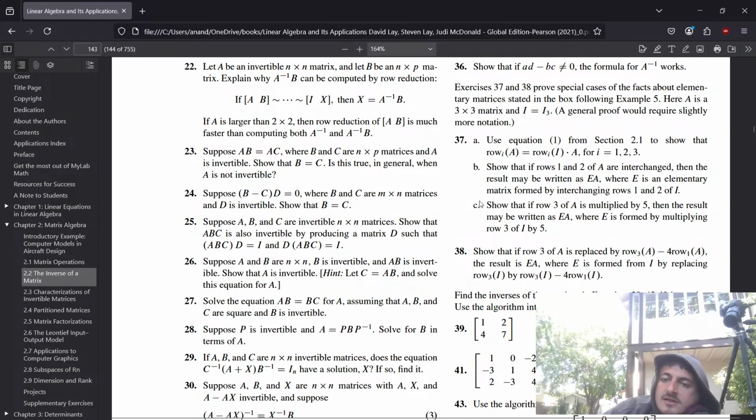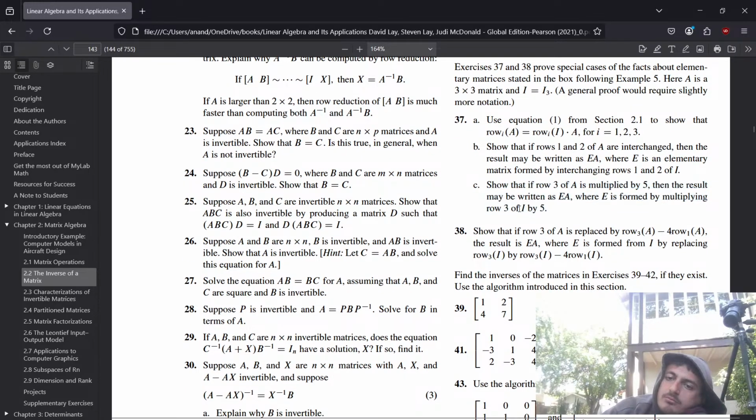Okay, that one's easy. Show that if row 3 of A is multiplied by 5, then the result may be written as E times A, where E is formed by multiplying row 3 of I by 5. So for that, it's just obviously true.